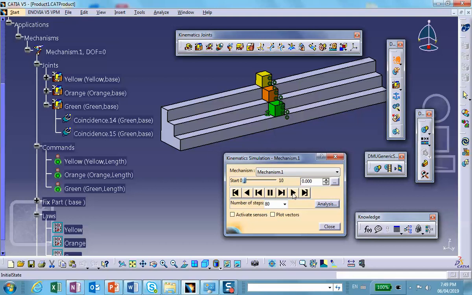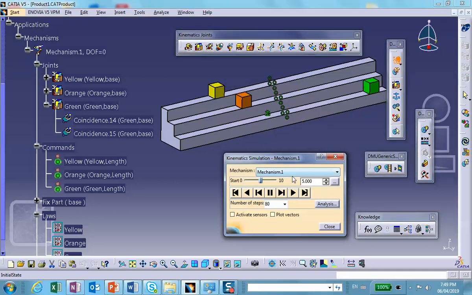Okay, let's see it. That looks right, doesn't it? Let's check that one more time. Let me put some more steps here. There's something that I didn't like there, but anyway, we'll find out.